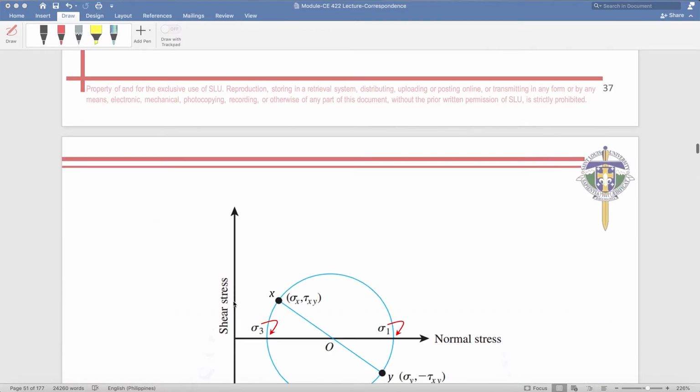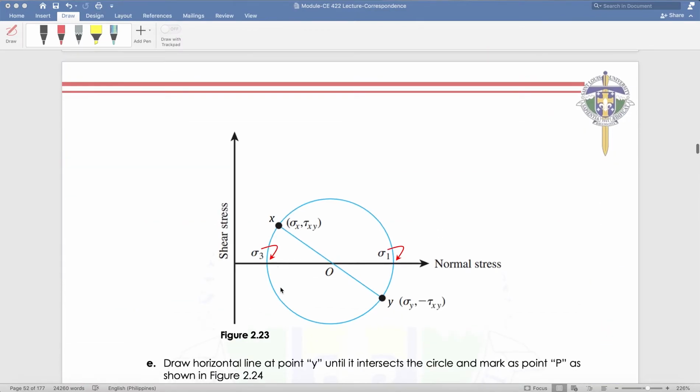Okay? So it's just like this. We have here point x, we have point y. Then connect them. The intersection between line xy and the normal stress axis is your center. Then from there, you now know your radius, so you can draw your circle.